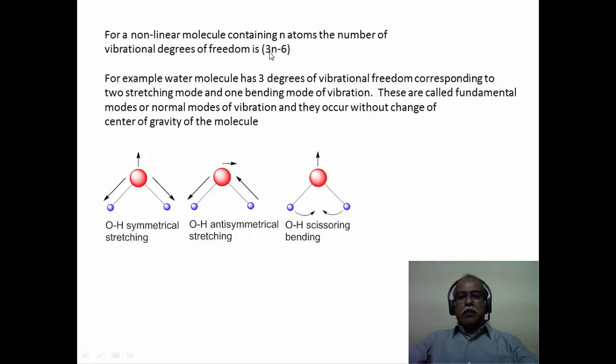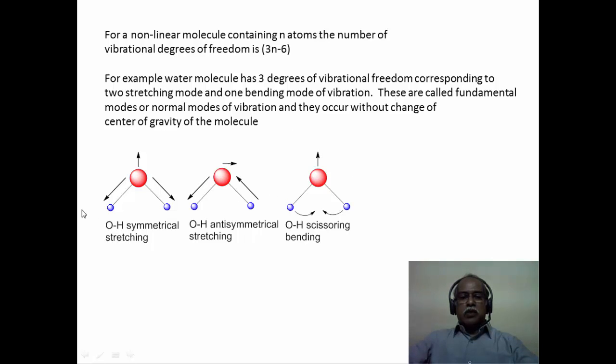In fact, 3n will be the degrees of freedom, of which 3 translational freedoms and 3 rotational freedoms are subtracted. The remaining portion is the vibrational freedom of the molecule having n number of atoms in a nonlinear system. For example, if you consider water molecule, it is a bent structure, it is not a linear structure. It has 3 degrees of vibrational freedom corresponding to the 2 stretching frequencies which are shown here and 1 bending mode which is also shown here.